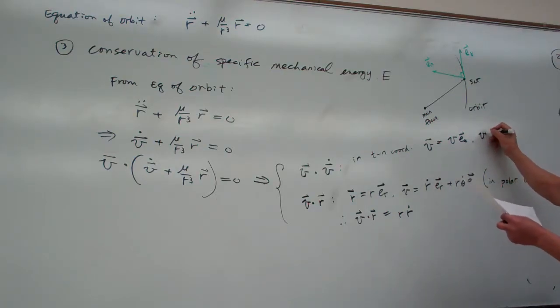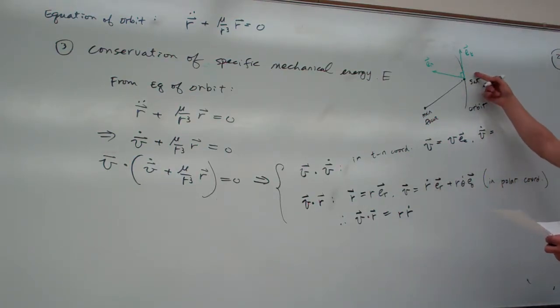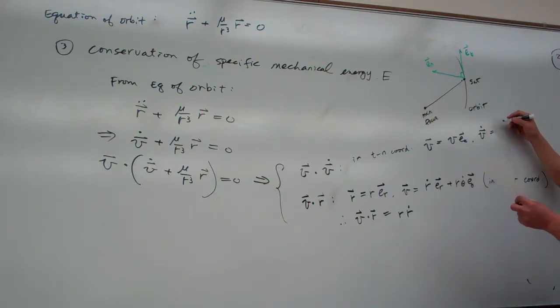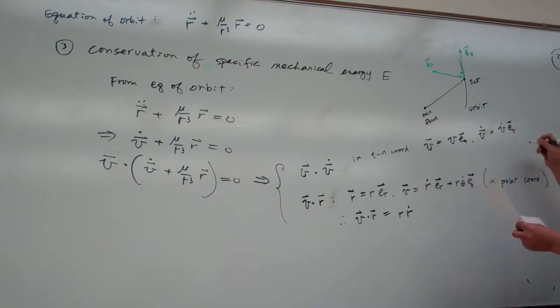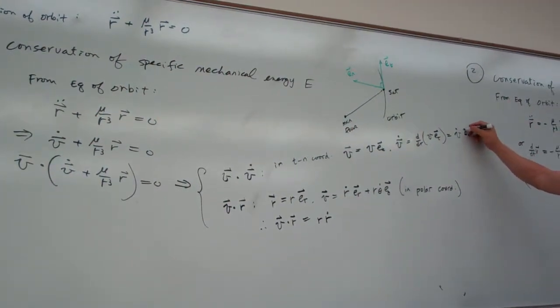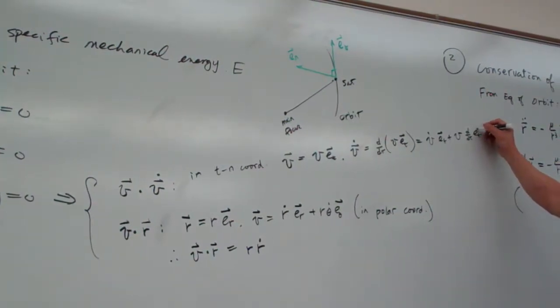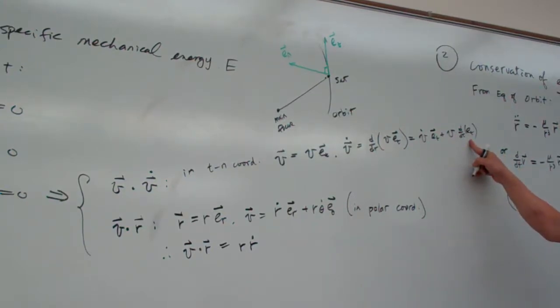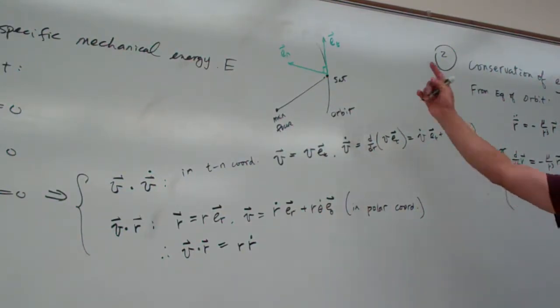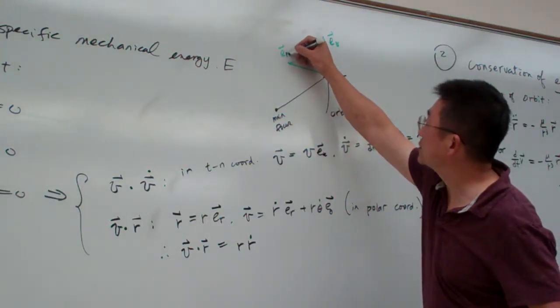So here the v dot is the derivative, d/dt of v e_t. For that one we take the chain rule. So that is v dot e_t plus v times d/dt of e_t. And this one, if you remember from dynamics, is going in the n direction.